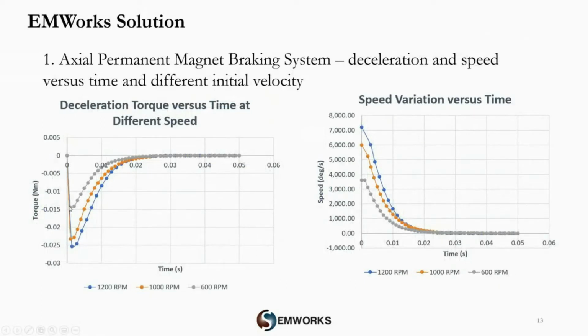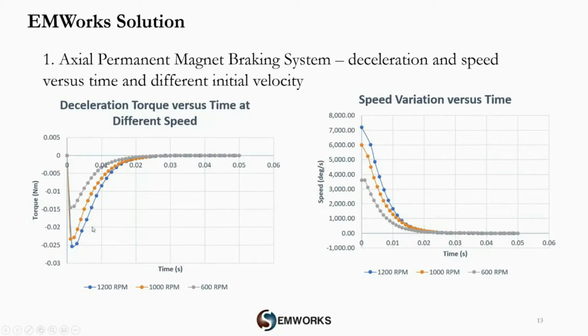Okay, let's look at the deceleration. This plot is what you eventually want to look at, right? The ultimate plot is these two plots, because that's what shows you the actual deceleration torque, or the braking. So depending on the initial velocity, how much time does it take?